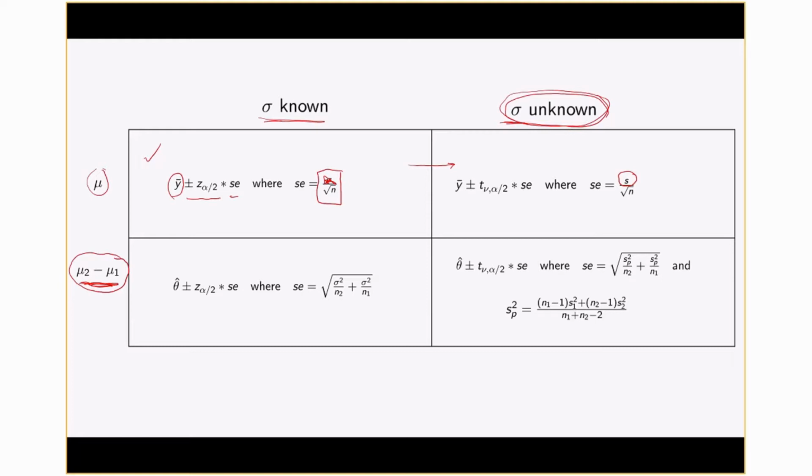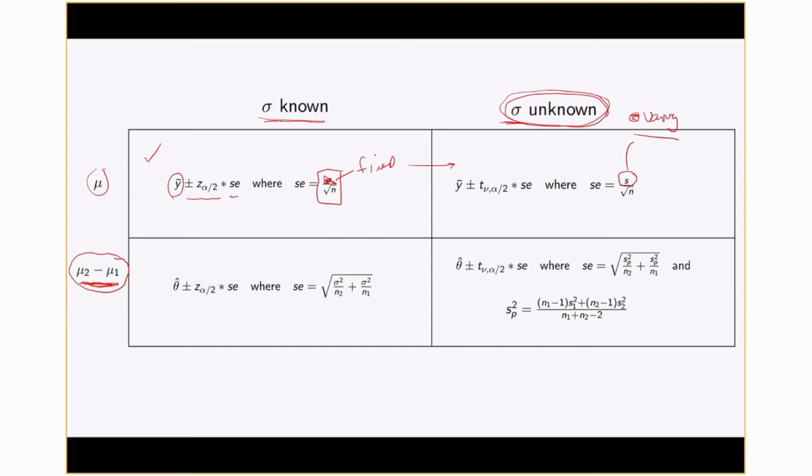And that's going to bring some uncertainty into the process, because instead of having sigma, which was fixed, we'd have this value of S that would vary from one sample to another. So how do we cope with that additional variability?